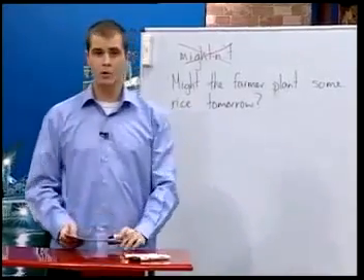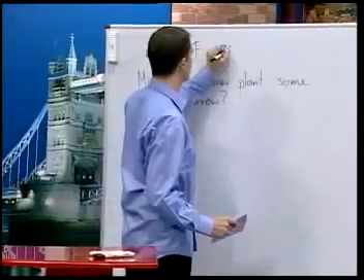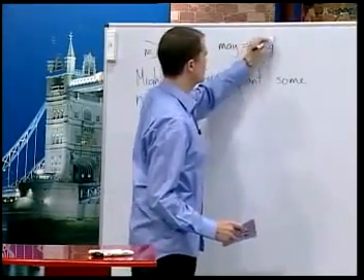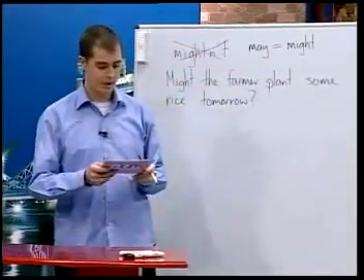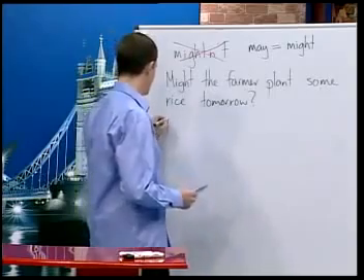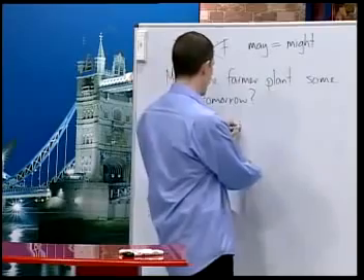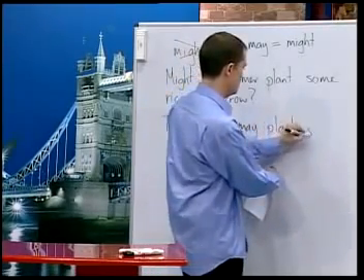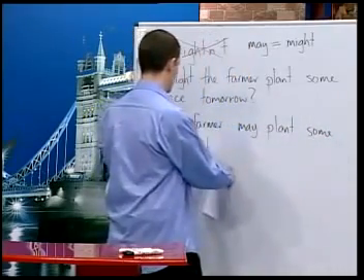May can also be used instead of might. So we could say that may is the same as might for possibility. The farmer may plant some rice tomorrow.